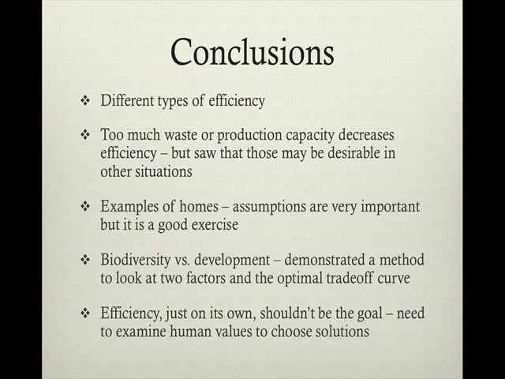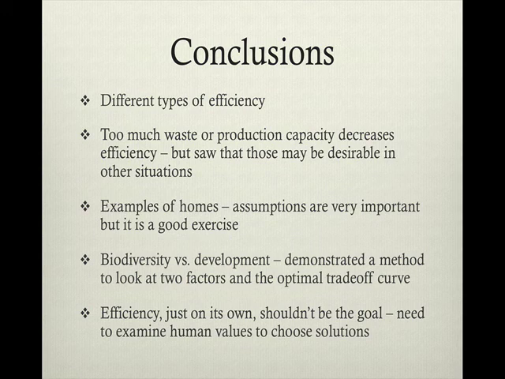So in conclusion, we have the two different types of efficiency. We understand that too much waste or production capacity decreases efficiency, but we saw that excess production capacity might be desirable in some situations.